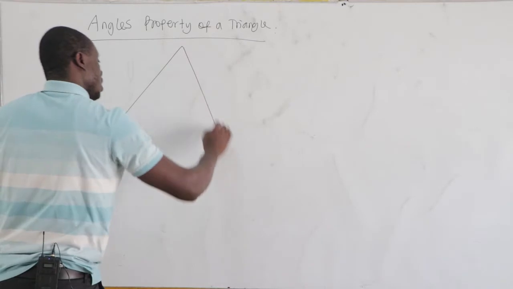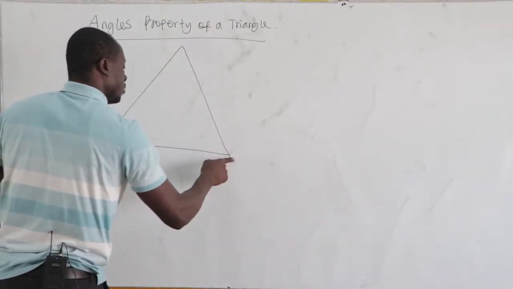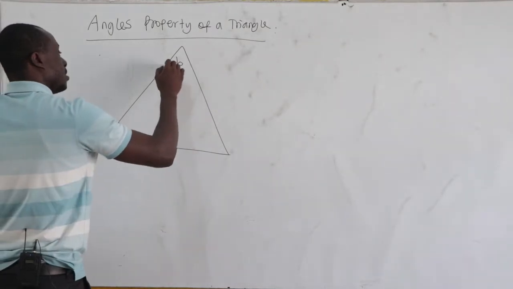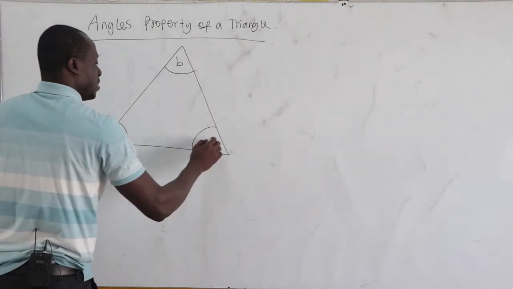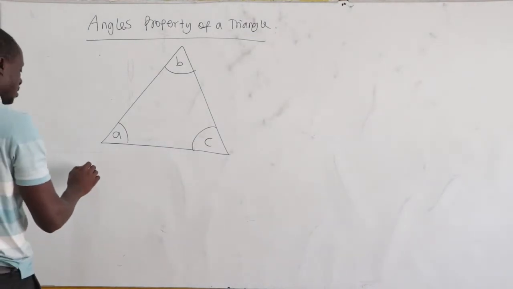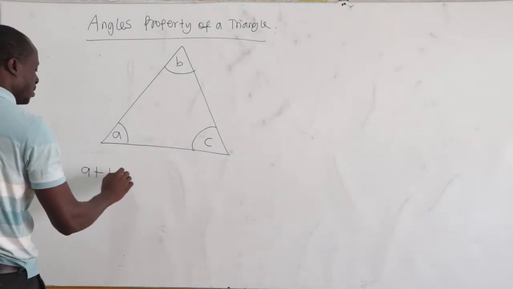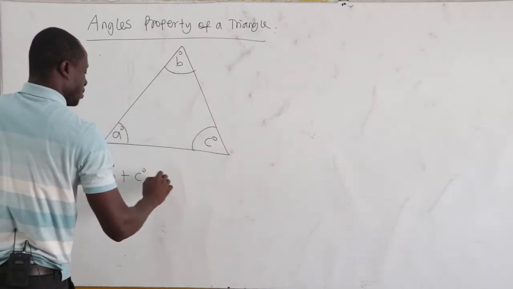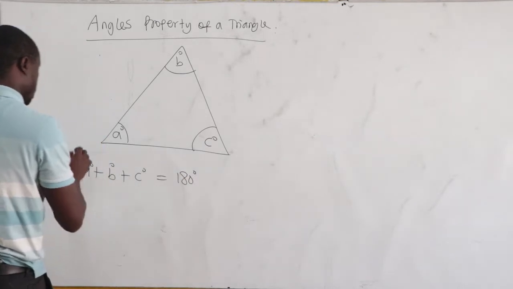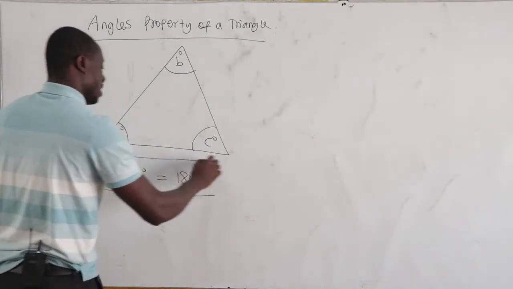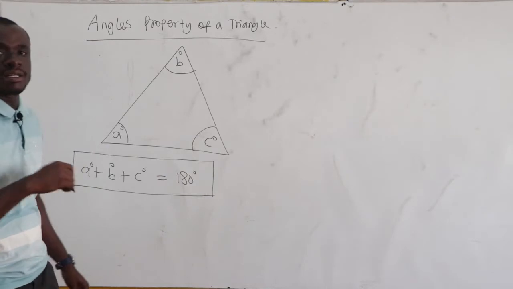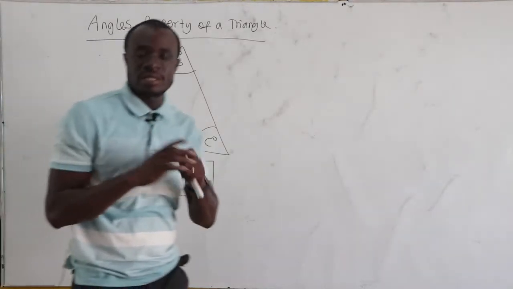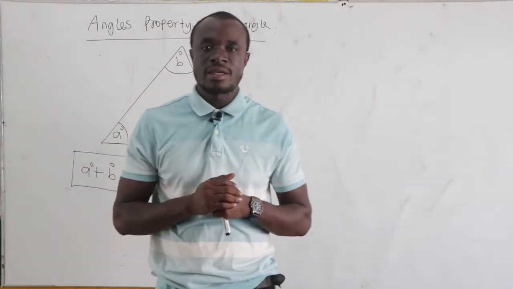So if we have a triangle, and this is A, the angle here is B, and the angle here is C, then A plus B plus C is equal to 180 degrees. So the sum of angles in a triangle is equal to 180 degrees. Let's consider some examples for better understanding.